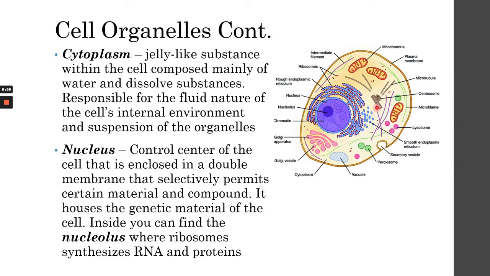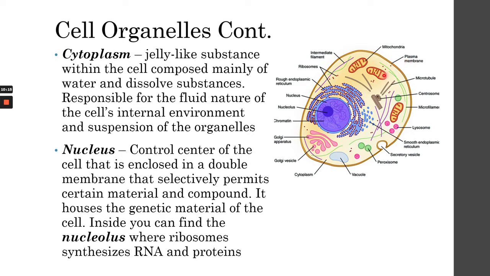And inside the cell we have the nucleus. The nucleus is the control center of the cell, and dito nakalagay or it houses the genetic materials of an individual. So you can see parang sequestered siya, no?